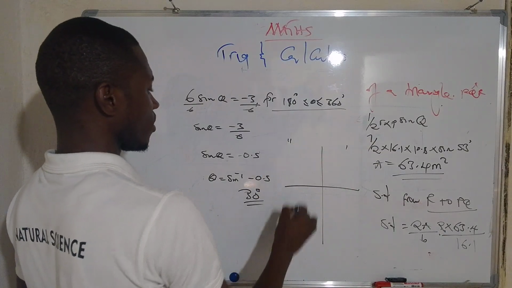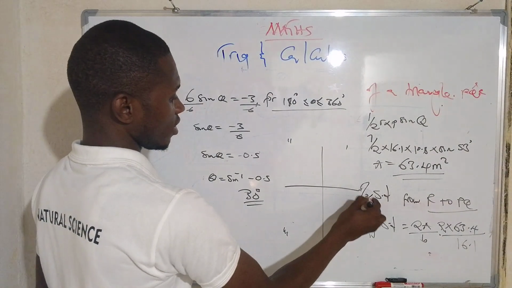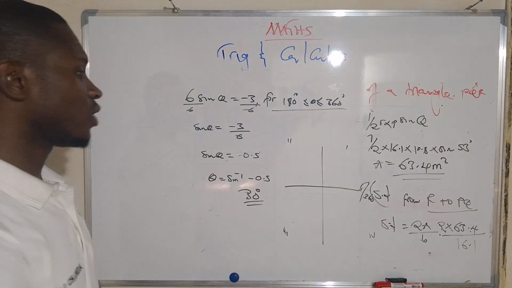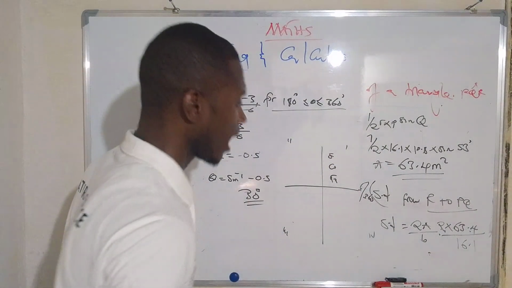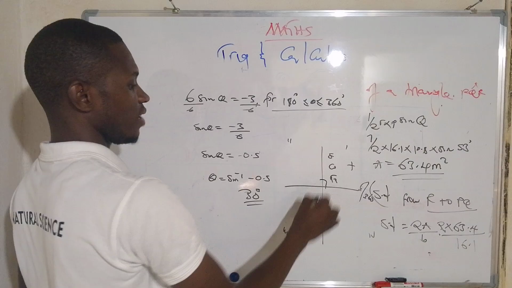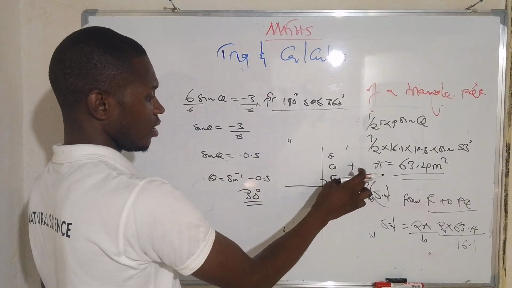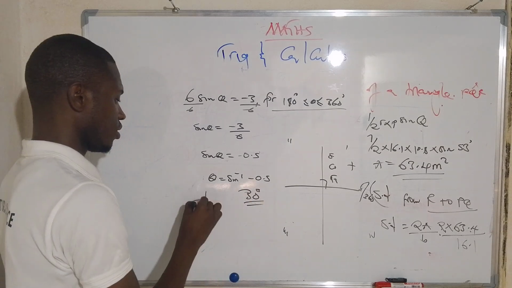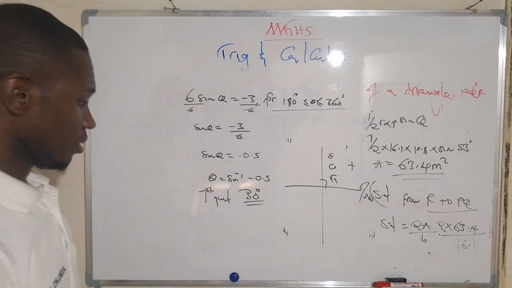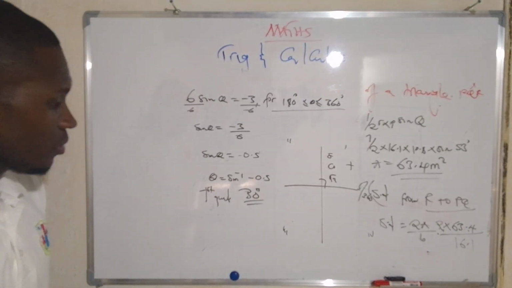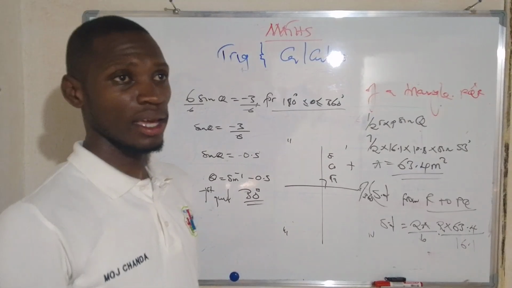So this 30, then I'm going to talk about the quadrants. First, second, third, and fourth. So 0/360, in this quadrant all the angles, sine, cos, tan, are positive. Then you have 90. Now let's look at where in the quadrants sine is negative.